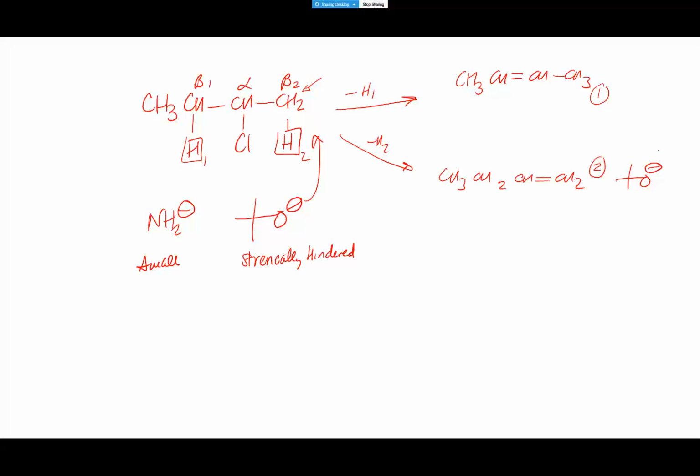For the tert-butoxide, it's the activation energy that's important, and the activation energy is lowest when the hydrogen is less sterically hindered. So for tert-butoxide, it's going to go to H2. And that's going to be the major product. And that's in the book called the Hofmann product.